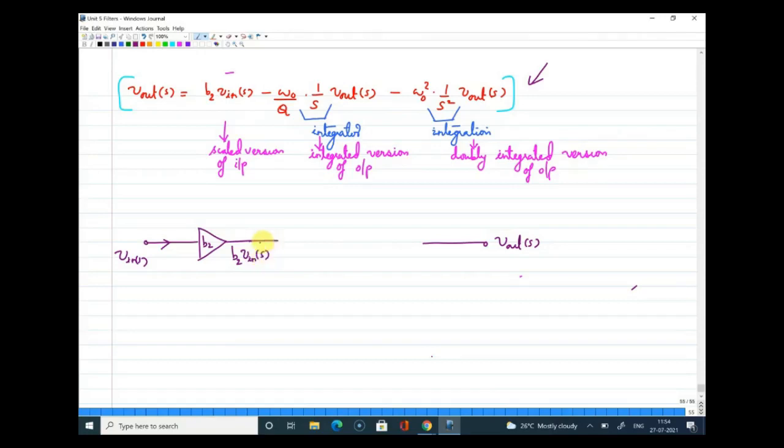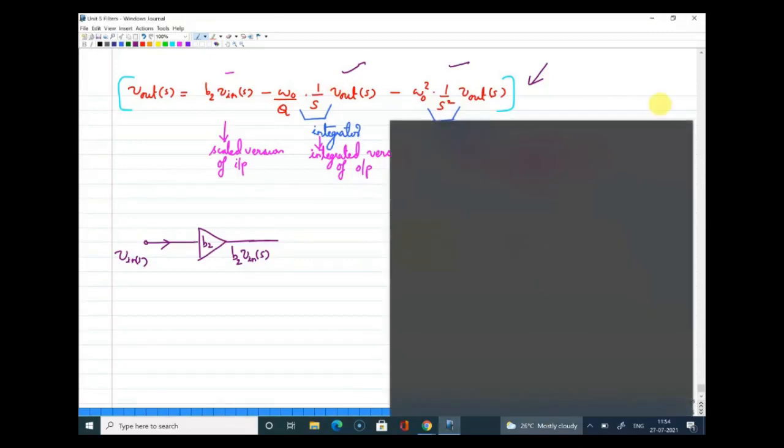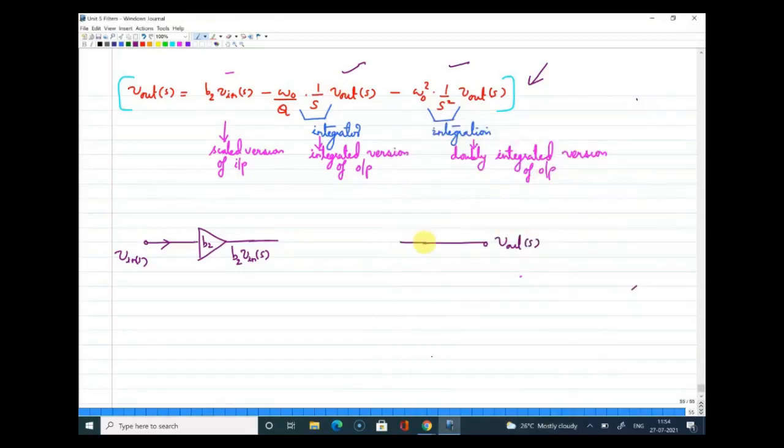Now, is that directly the output? No. To this, I need to add the second and third terms. So how will I add them? Look at the second term. The second term is an integrated version of the output. Along with that, you should add a factor of minus omega naught by Q. So this is my output point.